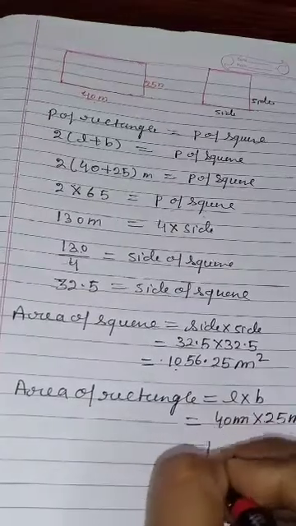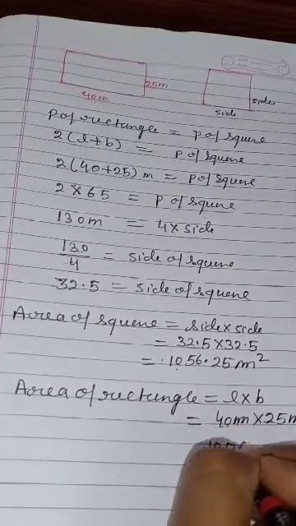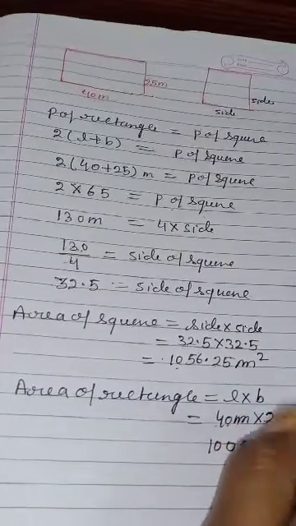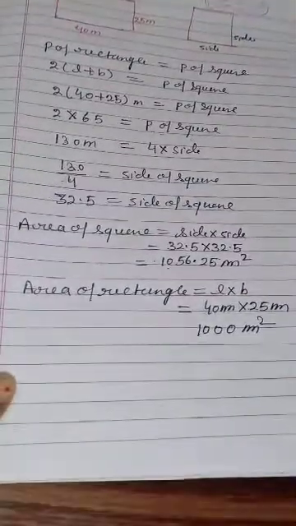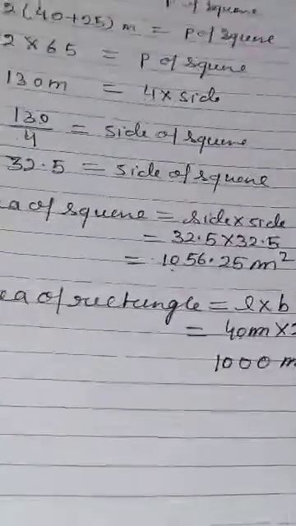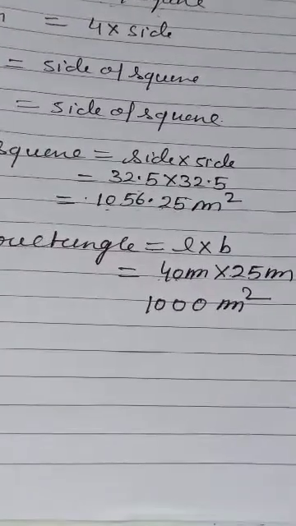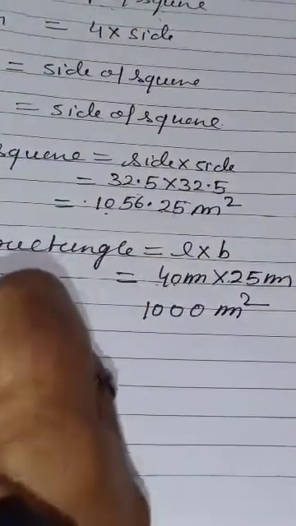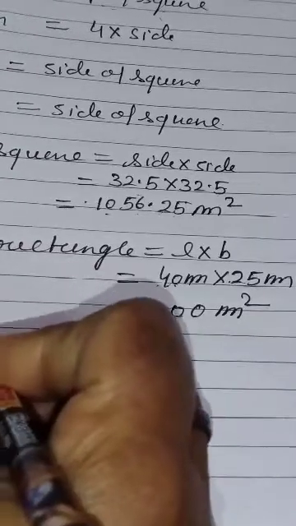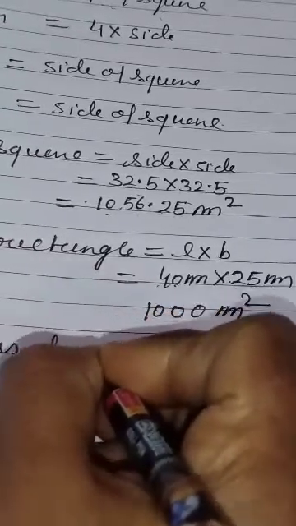So 25 times 4 is 100, and with this 0 it will come 1000 meter square. Now you can see which figure has the greater area. Square has the greater area. So you will write square has larger area.